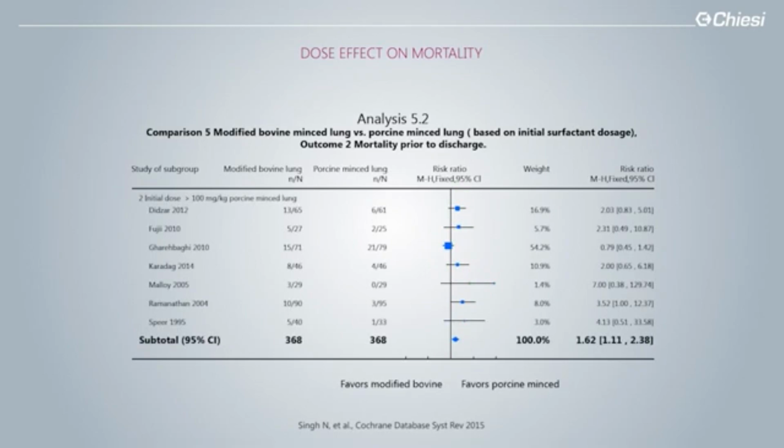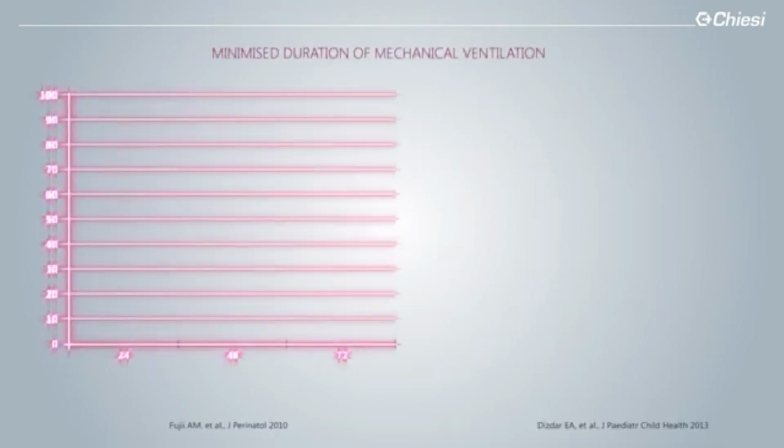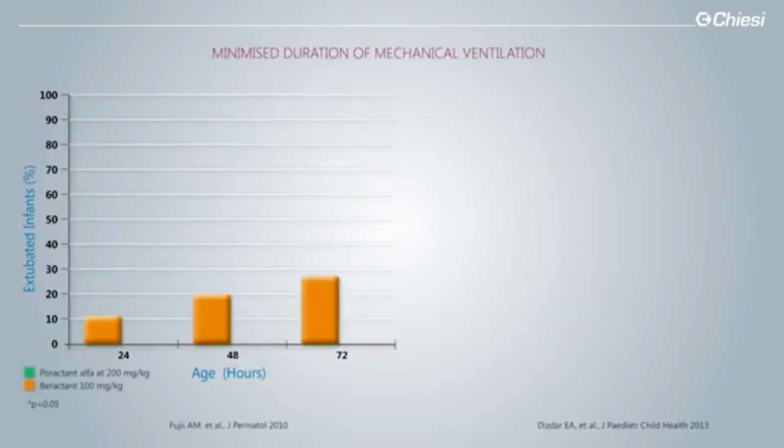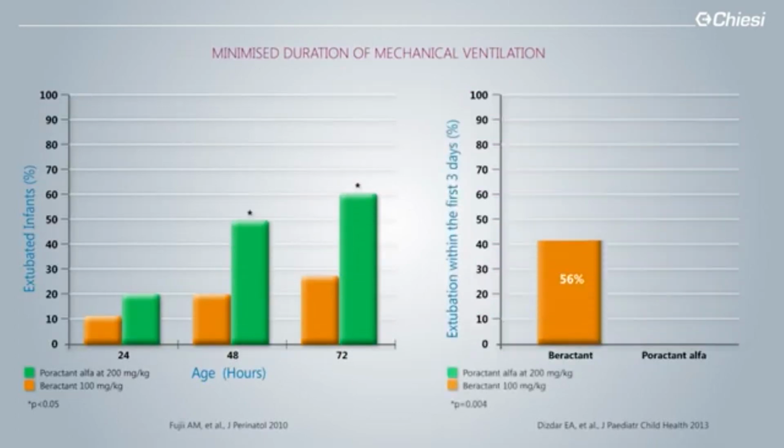In fact, as you can see from this forest plot, as shown in this other plot, modified bovine surfactant also significantly increases the rates of death or oxygen dependence at 36 weeks gestation postmenstrual age.